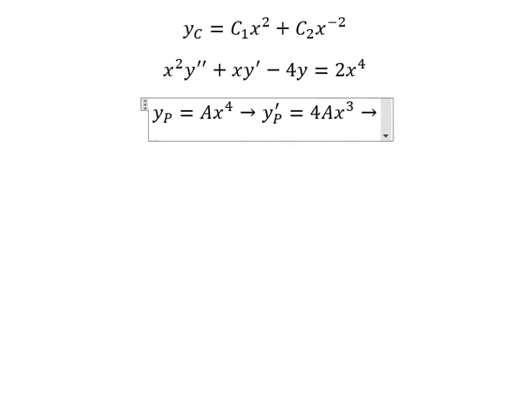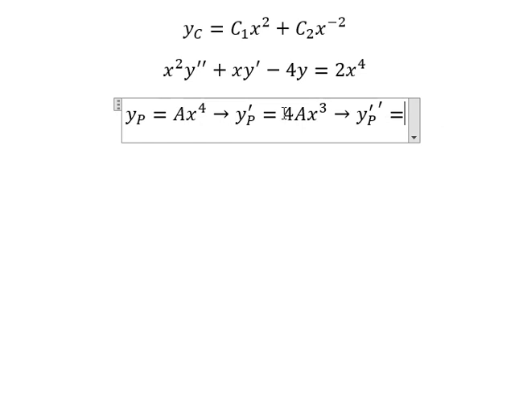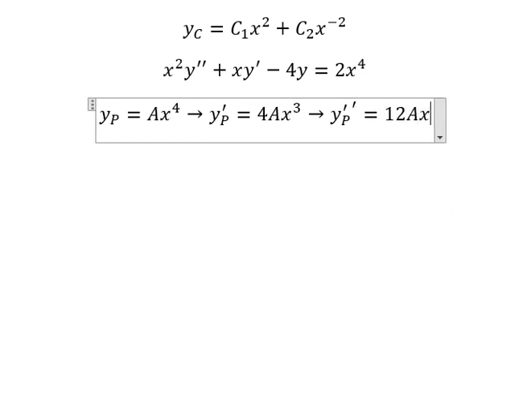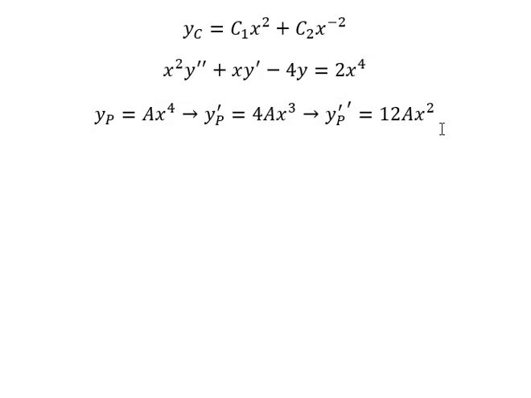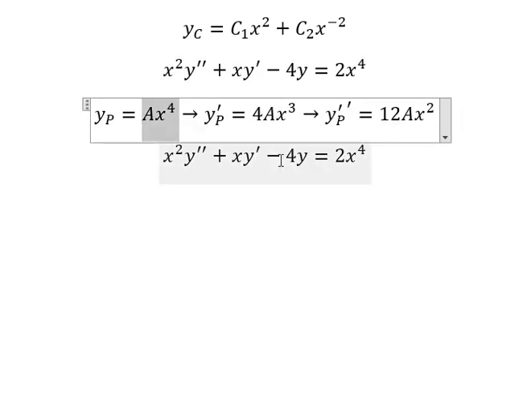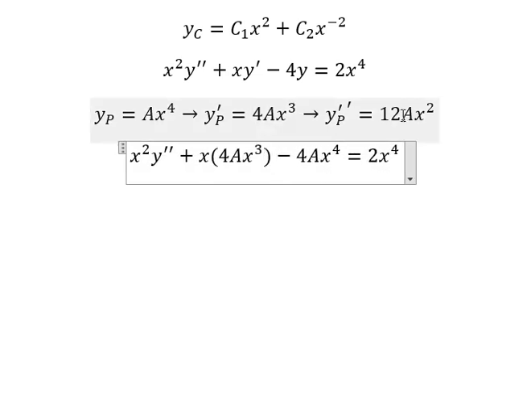If I do the second derivative of this, we will have 3 with 4, you get 12a s to the power of 2. Now I will put this one in here, this one in here, this one in here.